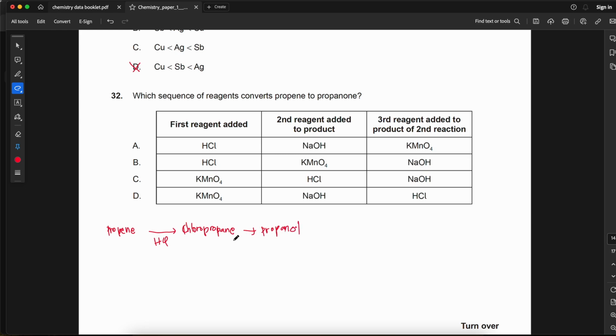So we need NaOH. So Cl from here will be substituted by OH, becomes propanol. And we need potassium permanganate to oxidize propanol, becomes propanoic acid. Alright, so the answer is A.